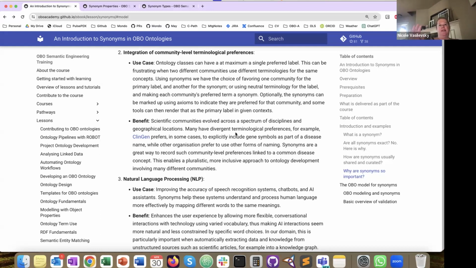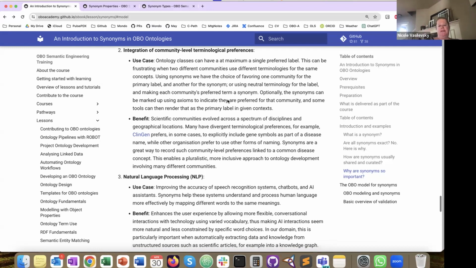And then in theory, they could take the ontology and just filter out all the ClinGen labels and then use those as the primary labels in their curation interface.